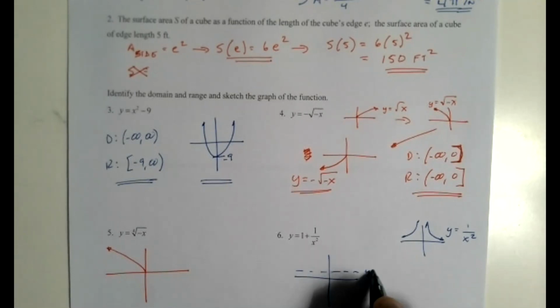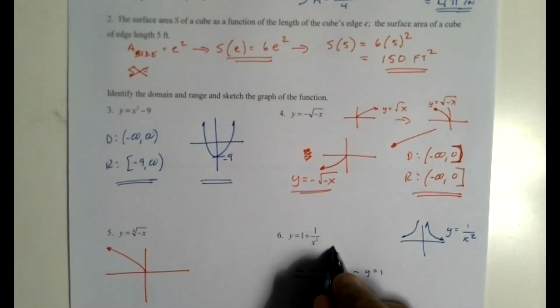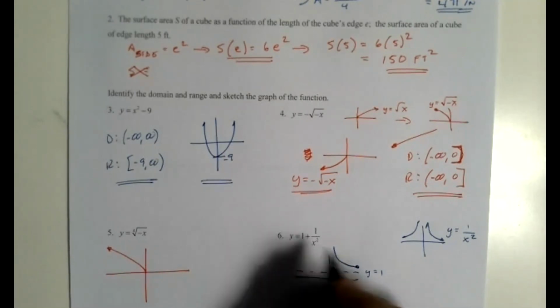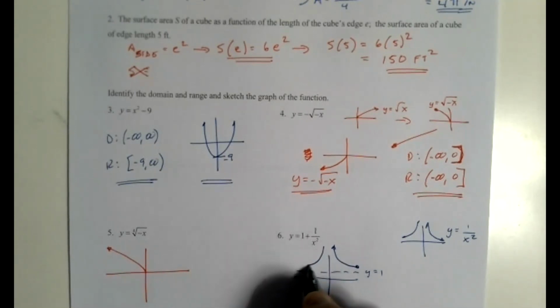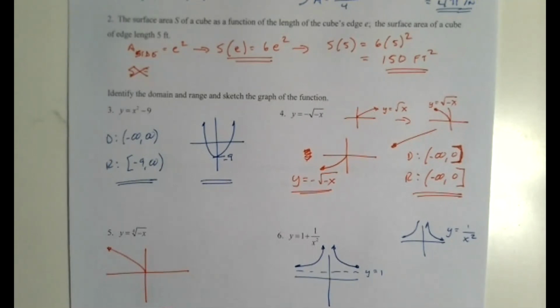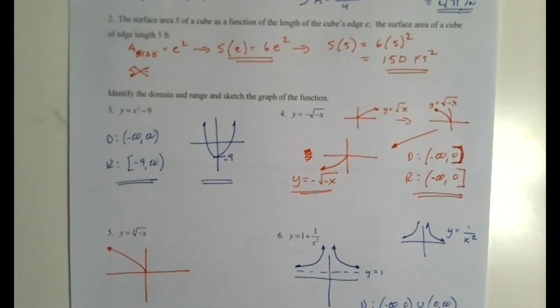Now we move this up to y equals 1, because we added the 1. And that's it. Now the domain, -infinity to 0, not inclusive, 0 to infinity. And the range starts at 1, but doesn't touch 1 and goes up forever.